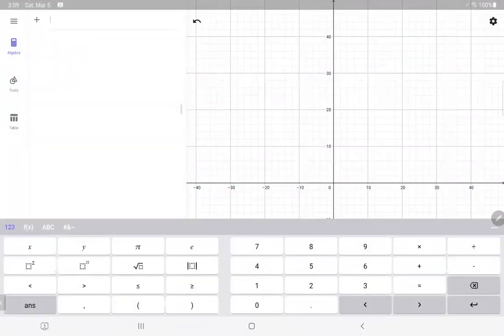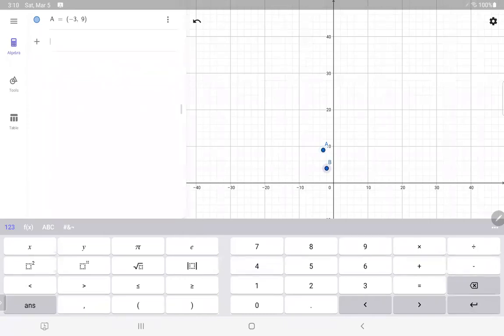So the points are -3, 9, right? The second one was -2, 4.